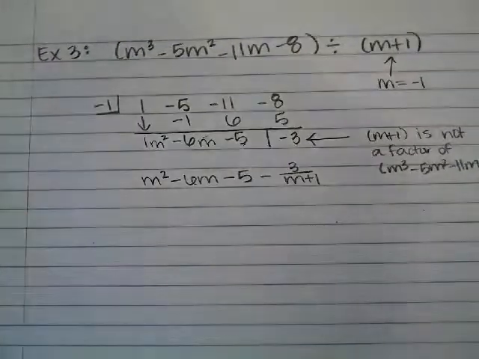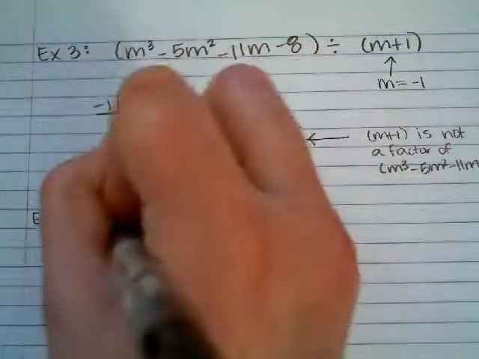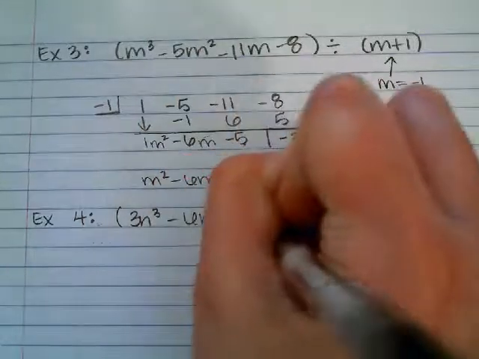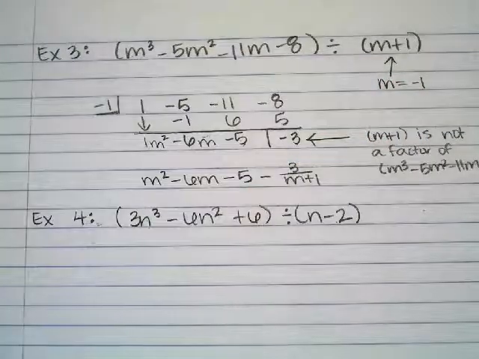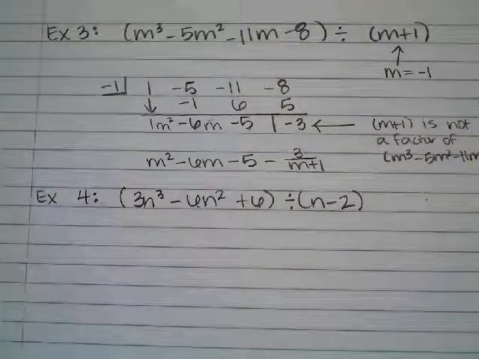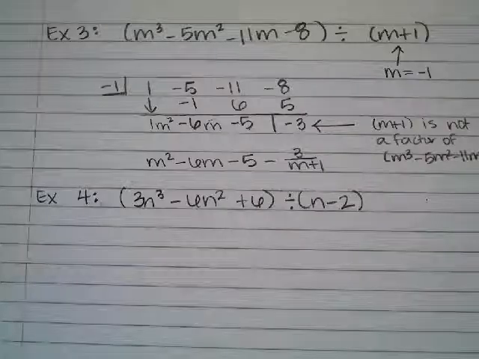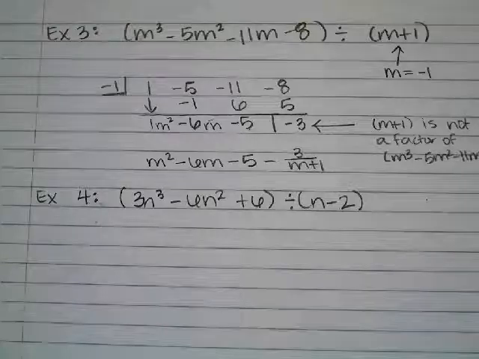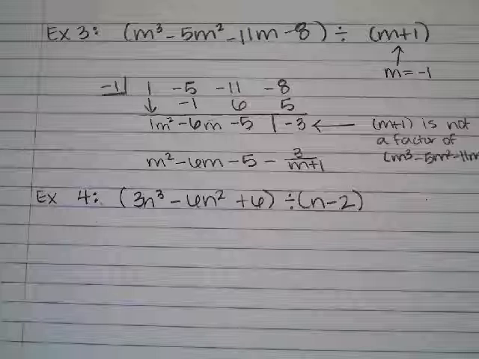Okay, let's do another example. This is going to be example 4. 3n to the third minus 6n squared plus 6 divided by n minus 2. Okay, so what does n equal?